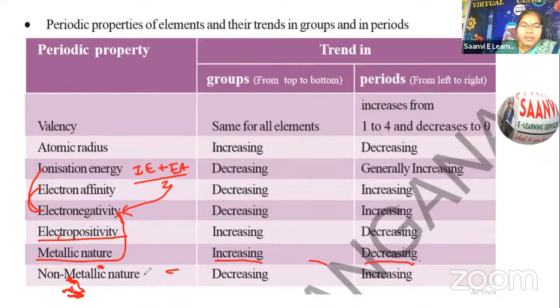And non-metallic nature is more with electronegativity. The electronegativity is more in non-metals. So in the groups it is decreasing from top to bottom, and in the periods it is increasing from left to right.